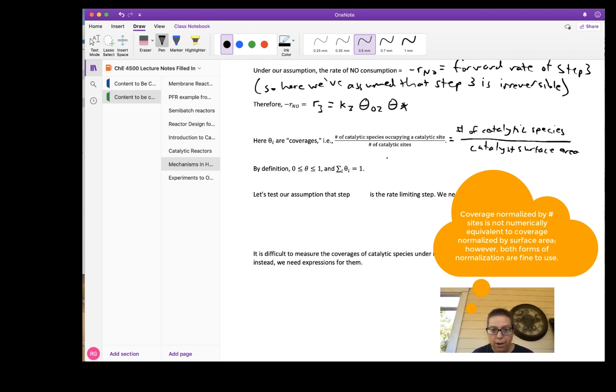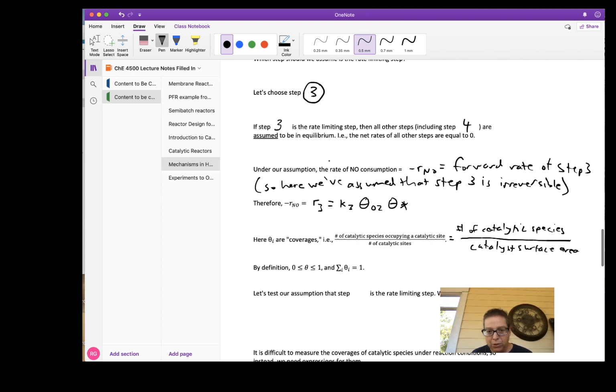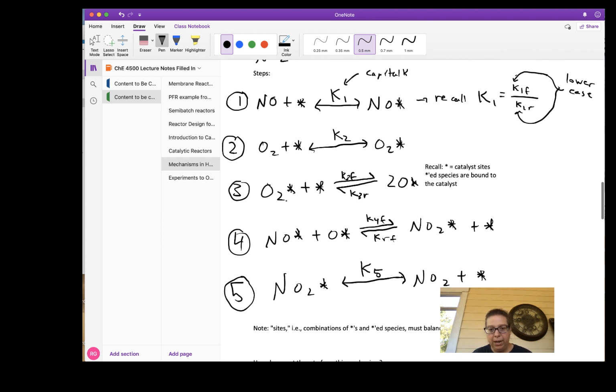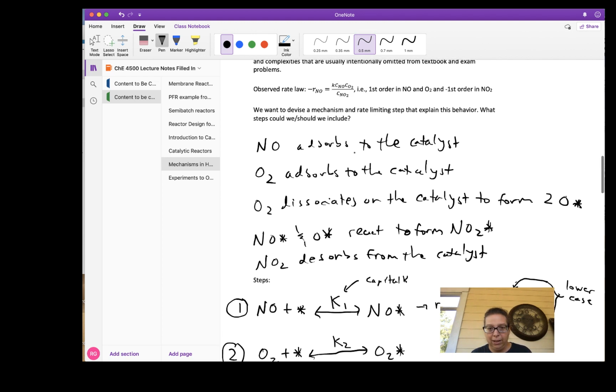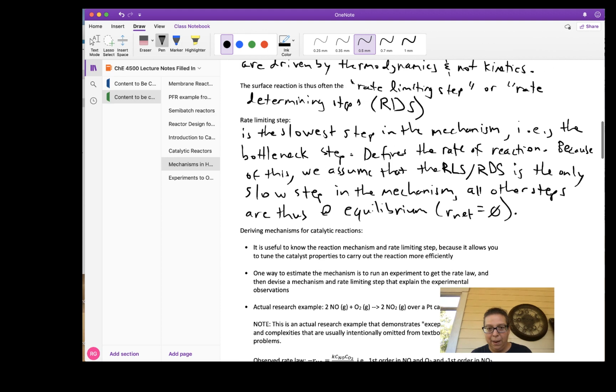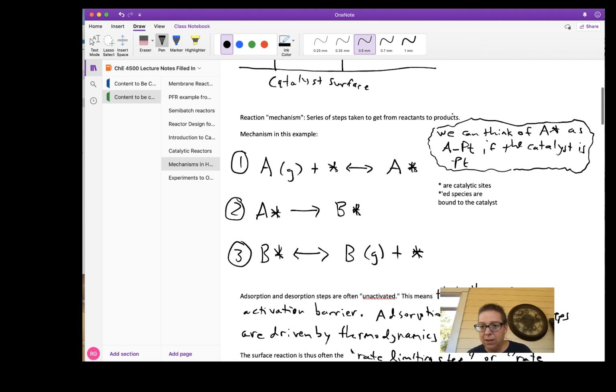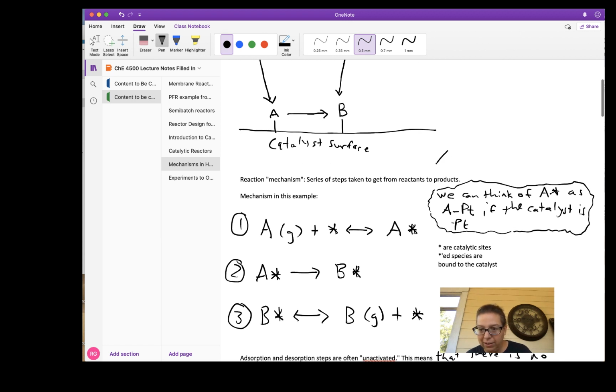Okay, so going back to our mechanism, looking at step 3, what we did here was make an assumption that the step is elementary. Whenever we write a mechanism, mechanisms are always comprised of elementary steps. So maybe we should go back and write that down now that we have the information to do that.